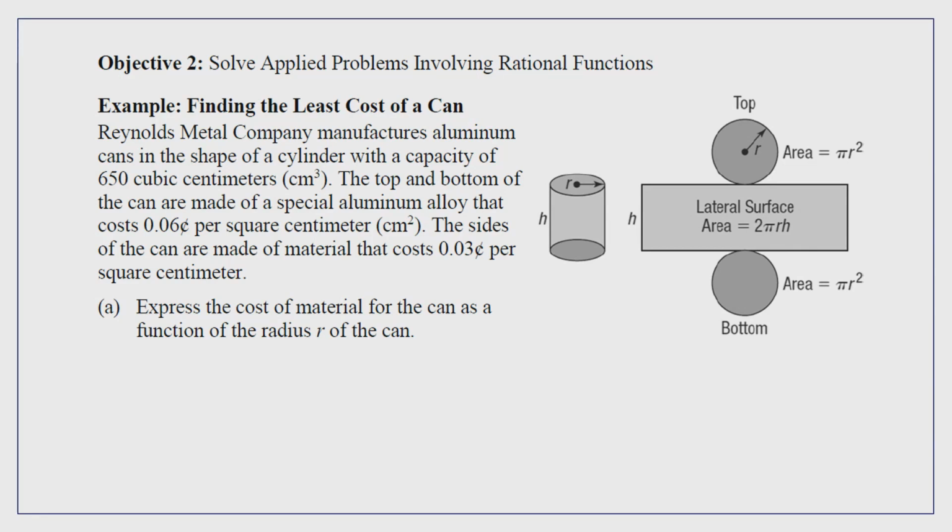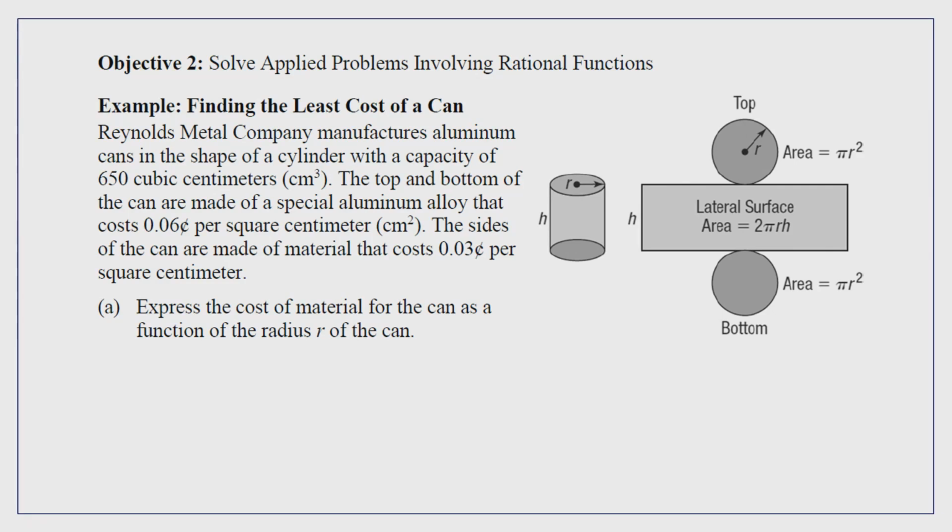So now we're going to go to objective number 2: solve applied problems involving rational functions. For this example, finding the least cost of a can. Reynolds Metal Company manufactures aluminum cans in the shape of a cylinder with a capacity of 650 cubic centimeters.